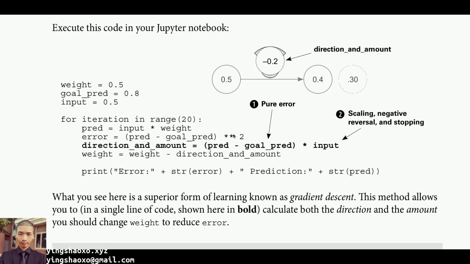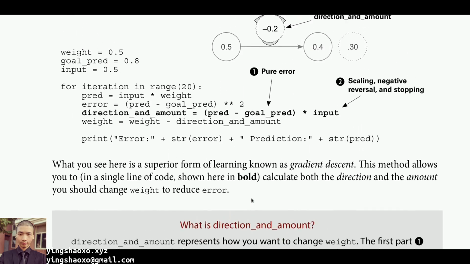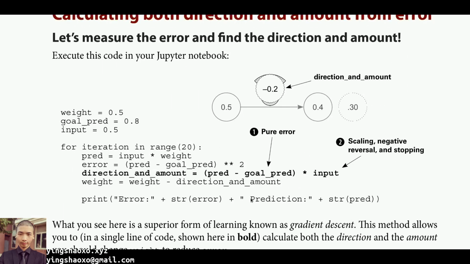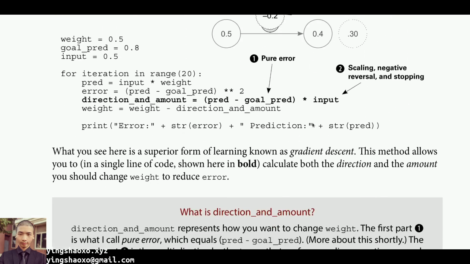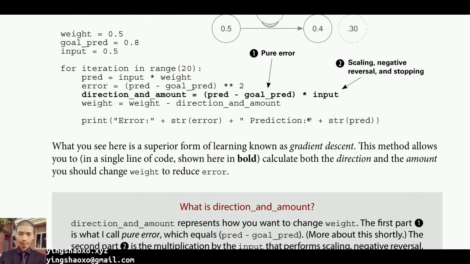If the error gets smaller, the amount gets smaller. If the error gets bigger, the changing amount will be bigger. So it's actually a relative process. It's a relative value. It depends on the error and the input.